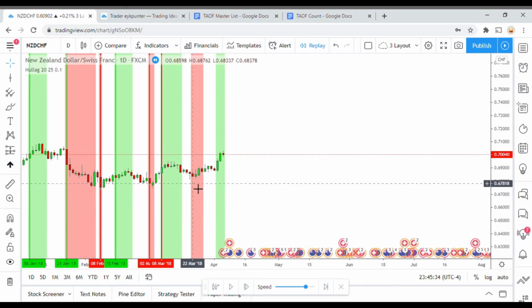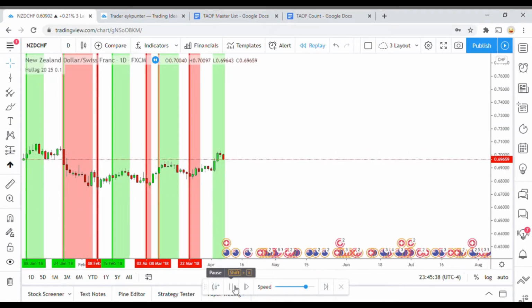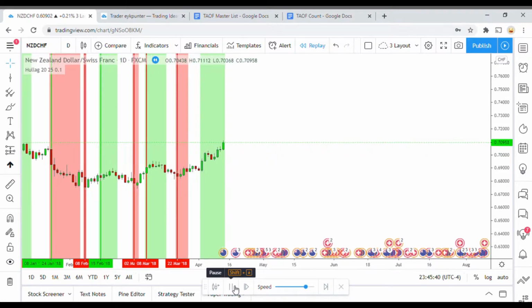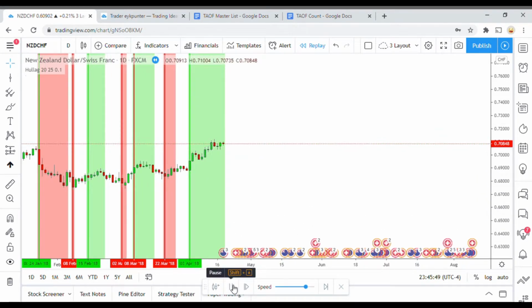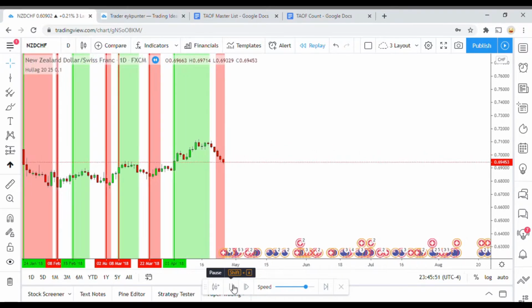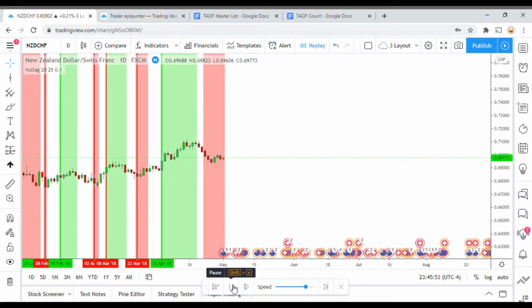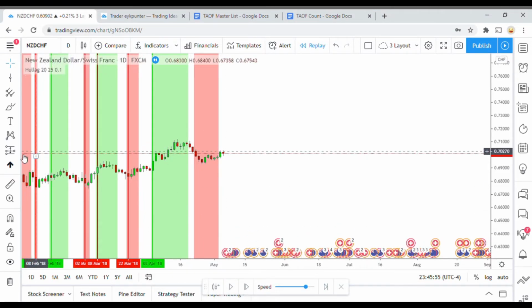Moving along here, we picked up another sell signal right there, which also didn't work out in our favor. Then a buy signal here, which did. Alright, let's see, there is a sell signal there.